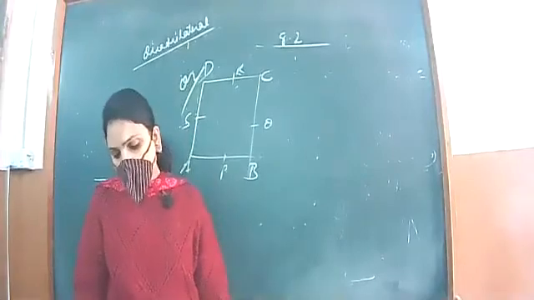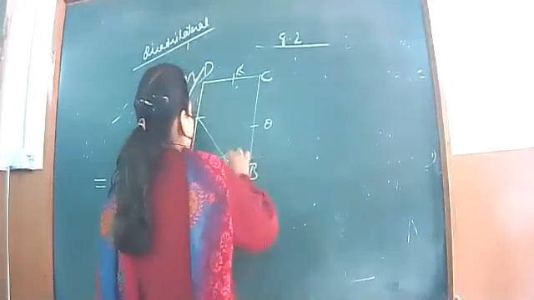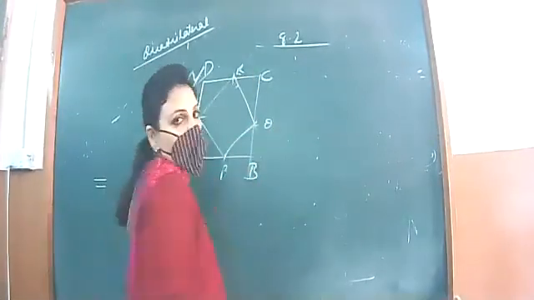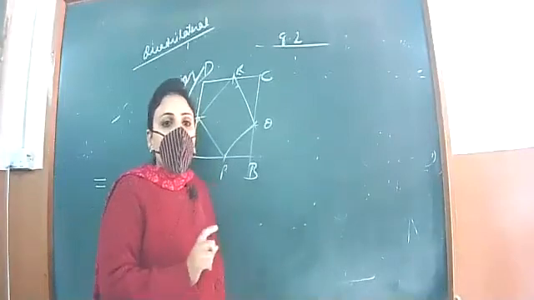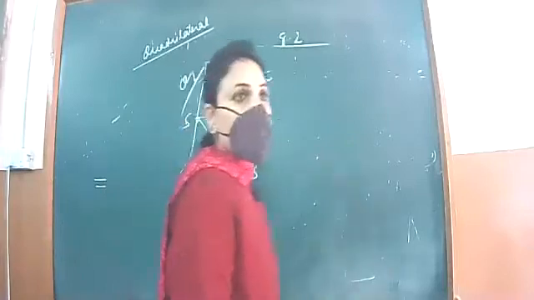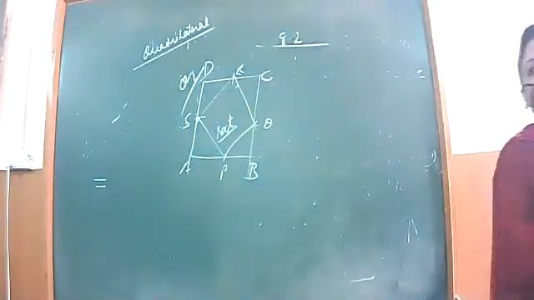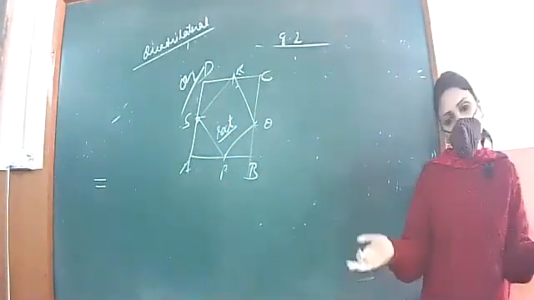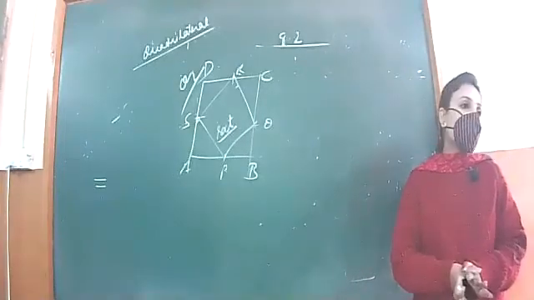We need to prove that if we join this PQRS, we get a quadrilateral, and this quadrilateral is a rectangle. That means outside there is a rhombus, then inside there will be a rectangle.